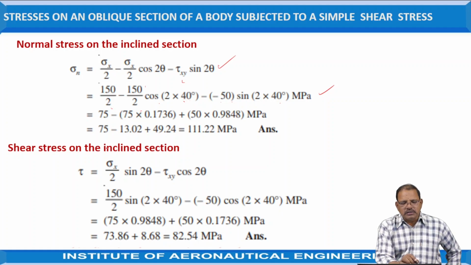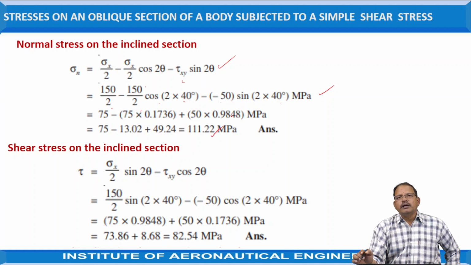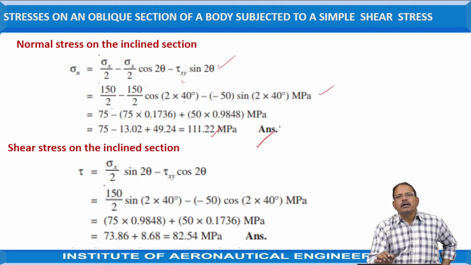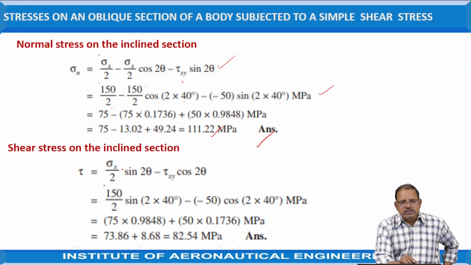From this relation we got 75 minus 13.02 plus 49.24, equal to 111.222 megapascal.